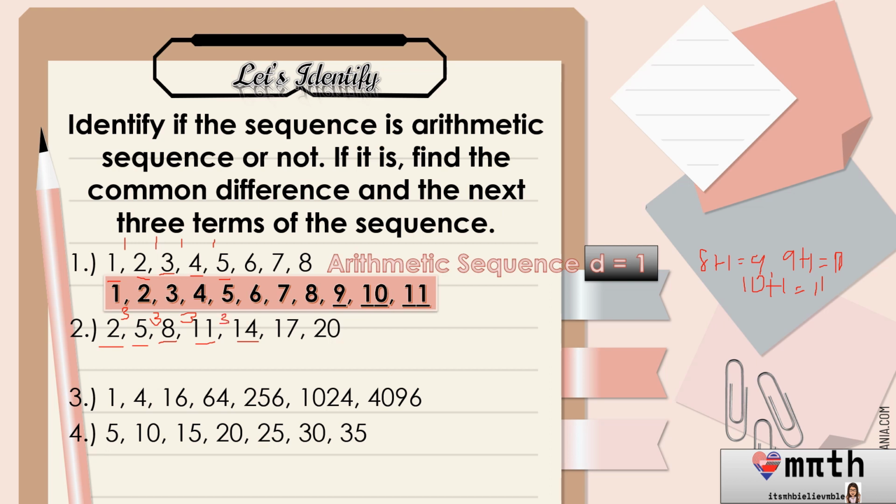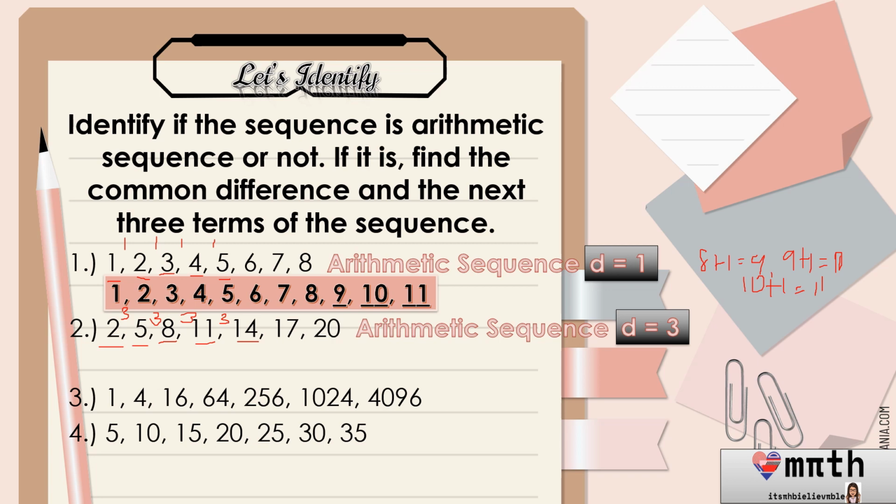So the common difference is 3. Since we have a common difference, which is 3, this is an arithmetic sequence. And to get the next terms of the sequence, we simply add the common difference, which is 3.